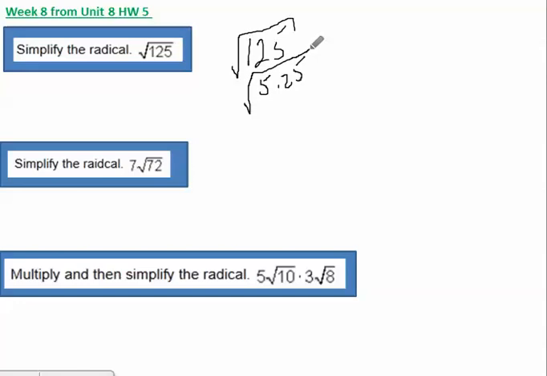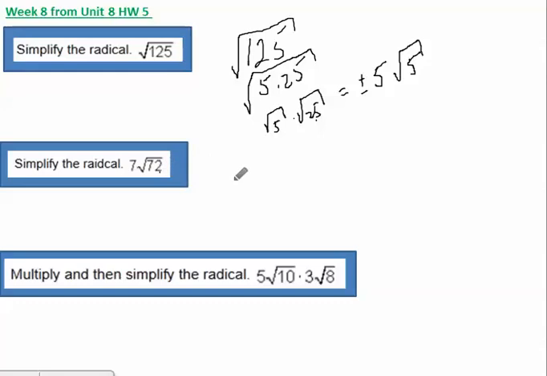So I'm taking the square root of that whole thing. You know what? I can break that up. I can take the square root of 5 times the square root of 25. Well, the square root of 25 is 5, plus or minus 5. And so I could say this is equal to 5 times the square root of 5, plus or minus. That worked good.